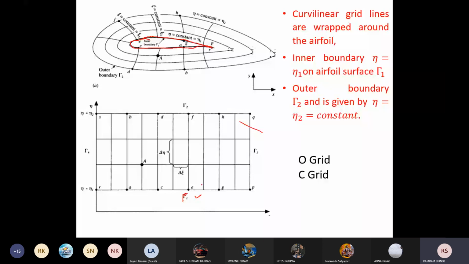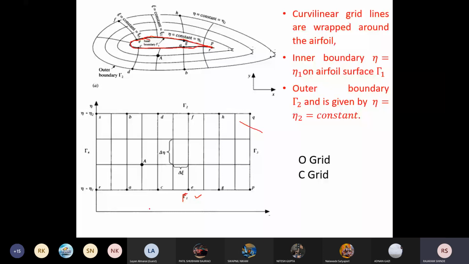The outer boundary of this grid structure, suppose it is gamma 2. This outer boundary is not exact, it is arbitrary. This is your gamma 2, and here you will get gamma 2 as the outer boundary.